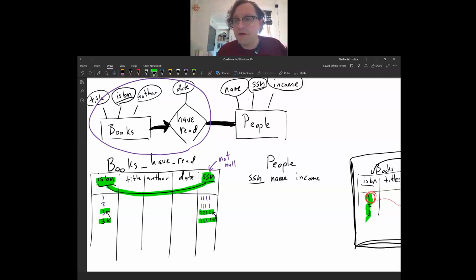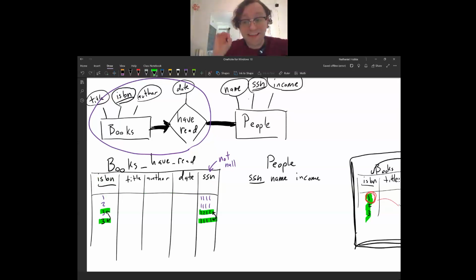The line from people to has read means that each person has read a book. Yes, each person has read at least one book. Okay, and I'll get to the foreign key in just a minute. But first, I want to make sure that it's clear why you do not want to have a composite key here.